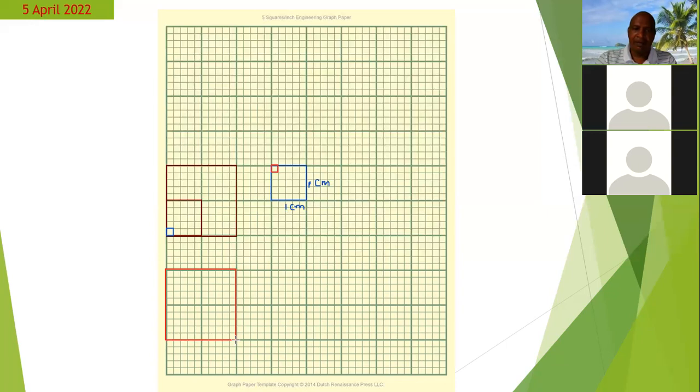Lengthwise, if we're measuring it in centimeters, what would it be? 2 centimeters, good. Because remember now, from here to here is 1 centimeter, and you go across another centimeter, then that would be 2 centimeters if you're referring to the length of the bigger square.